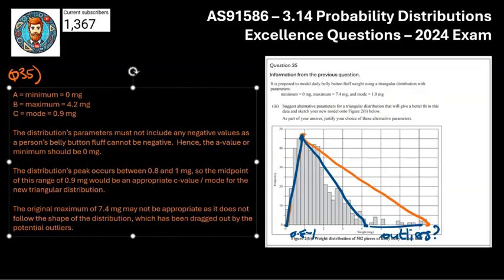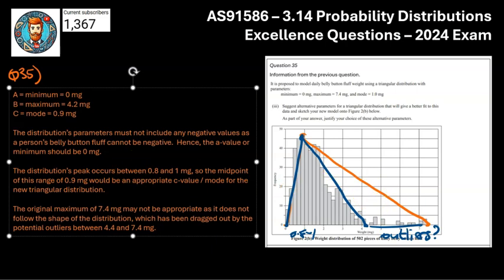Or outliers between, let's use some data, 4.4 and 7.4 milligrams. So that was me talking about the outliers, and you see how that blue line, it's kind of dragged it out towards the orange line, and we can see that big void as a result. So I don't like that.